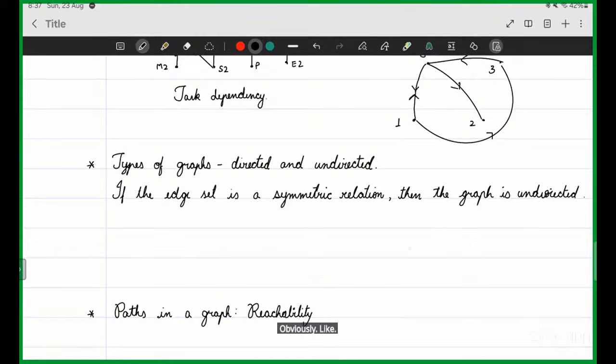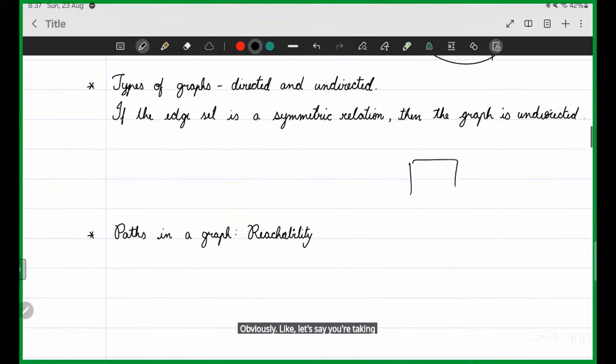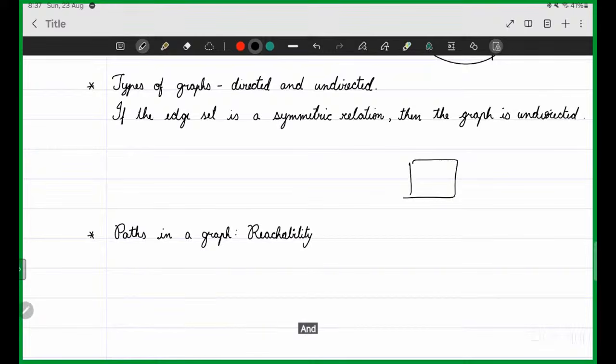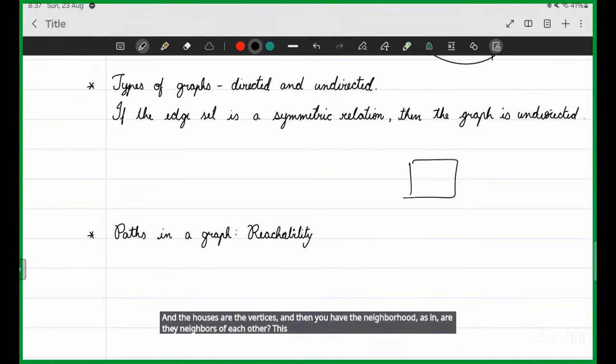Let's say you're taking a set of houses in a neighborhood, and the houses are the vertices, and the edge is whether they are neighbors of each other. Is this directed or undirected?